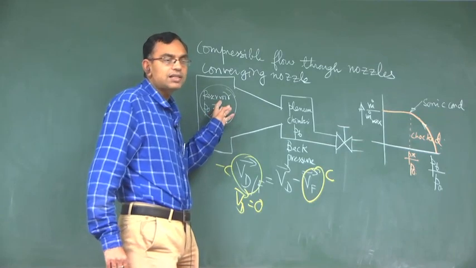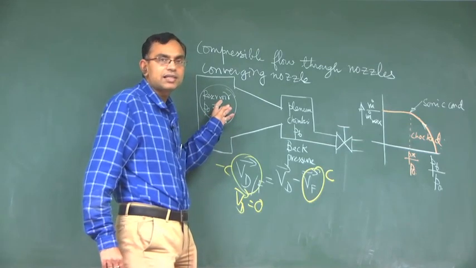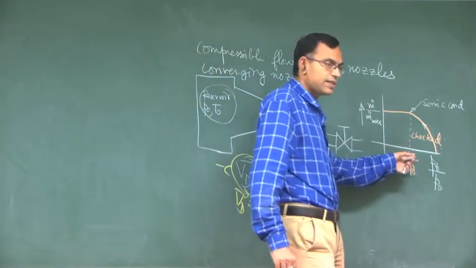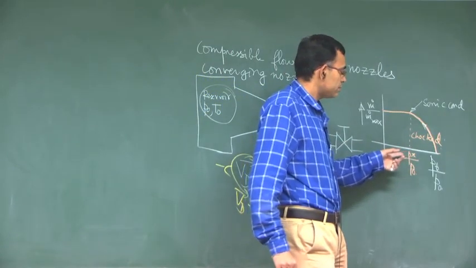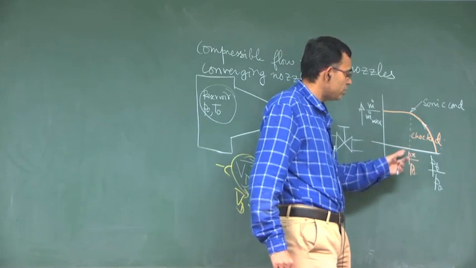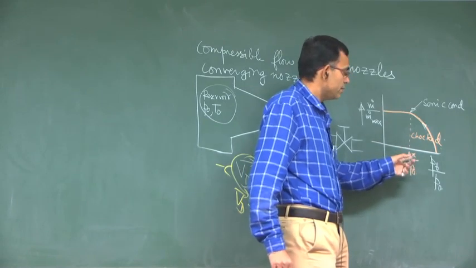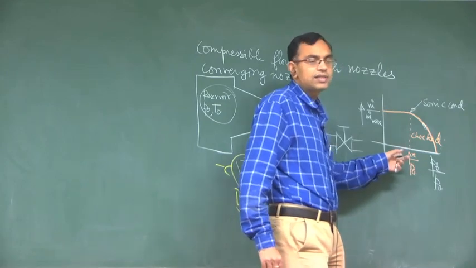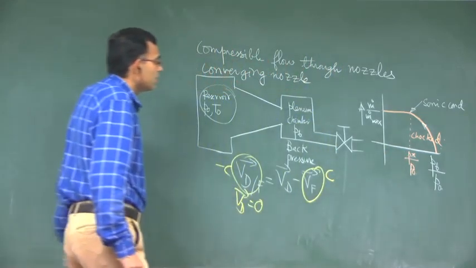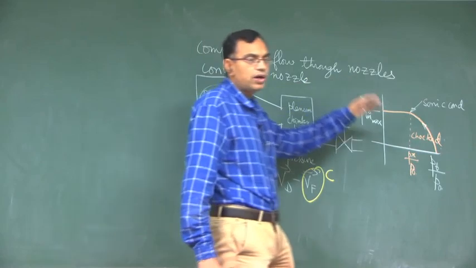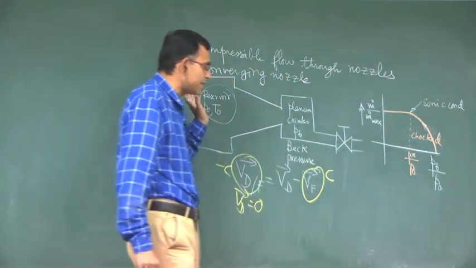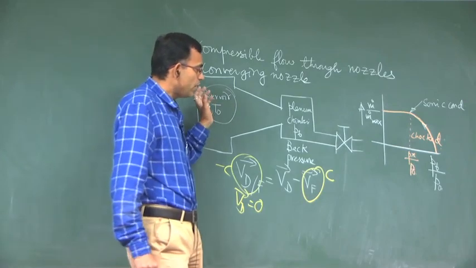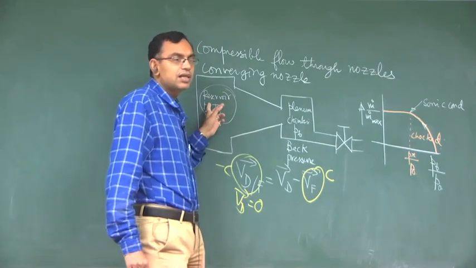Because the reservoir does not understand that there is a disturbance, beyond lowering this pressure below the critical pressure, you will see that the mass flow rate will not increase anymore, because beyond this the disturbance will not be able to reach this reservoir at all.